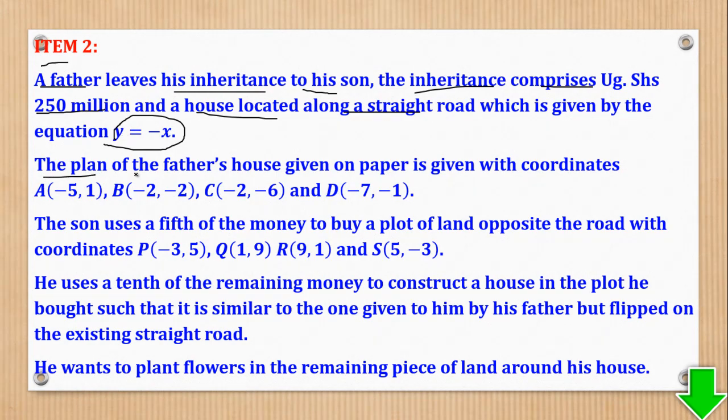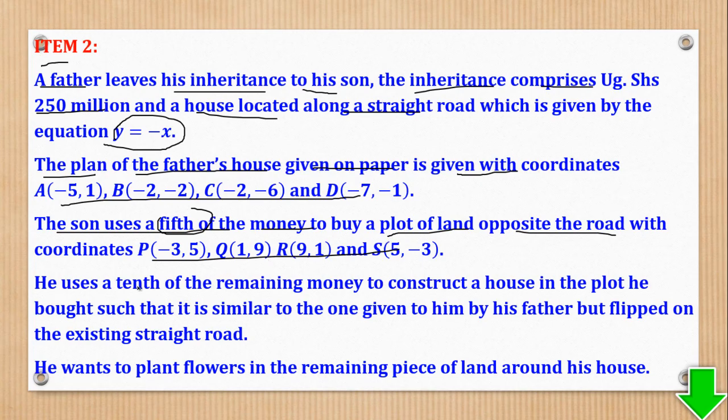Okay, the plan of the father's house given on paper is given with coordinates, these ones, A, B, C, and D. The son uses a fifth of the money, note this word, a fifth of the money, to buy a plot of land opposite the road with coordinates this. Okay, he uses a tenth of the remaining, note this word, a tenth of the remaining, to construct a house in the plot he bought, such that it is similar to the one given to him by his father, but flipped.